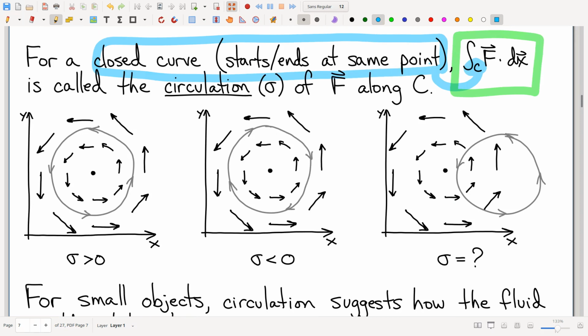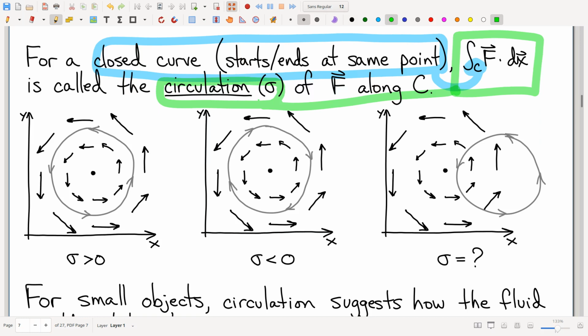We're going to find that there's a lot of math that is closely and importantly connected to this specific special case, the vector line integral around a closed curve. So this particular special case is important enough to have a name. It's called circulation. We very often use this lowercase Greek letter sigma to represent circulation because of the vowel sound that it shares with sigma.